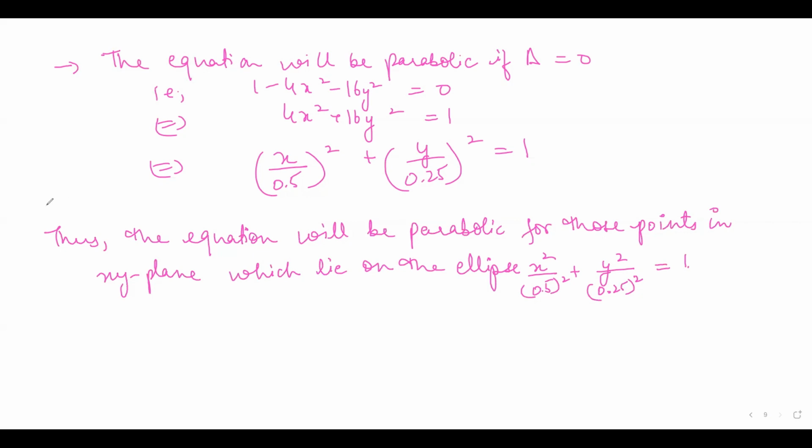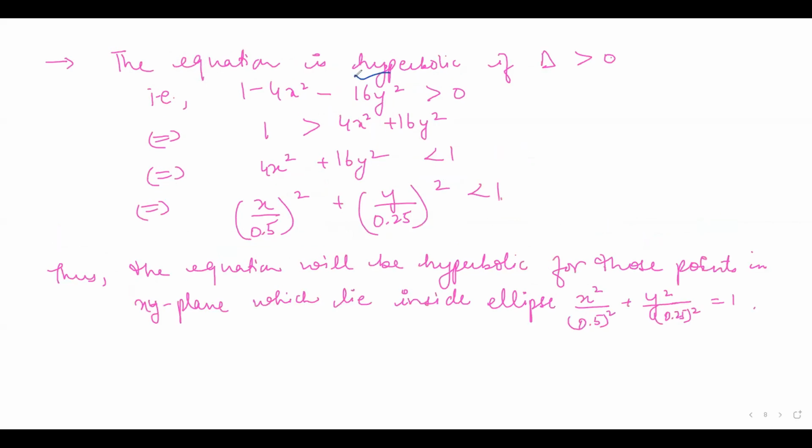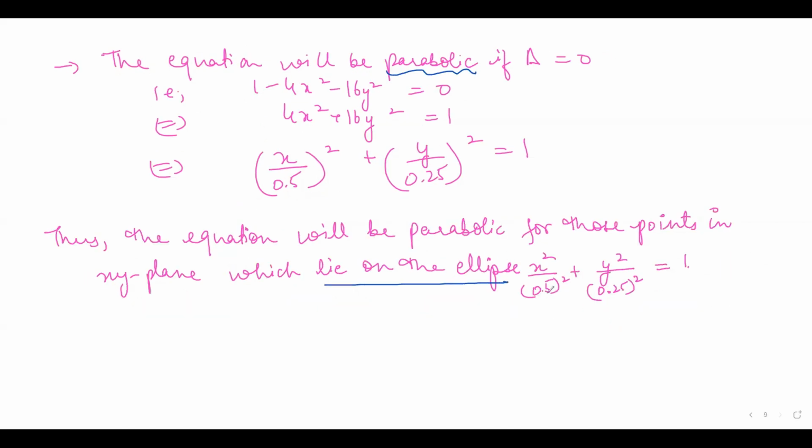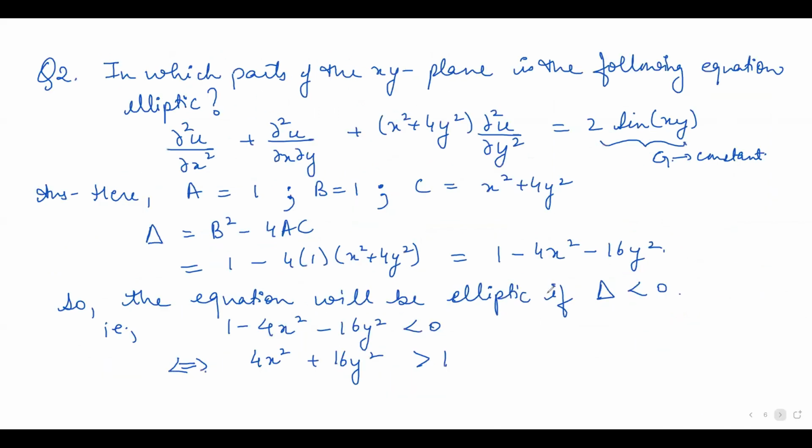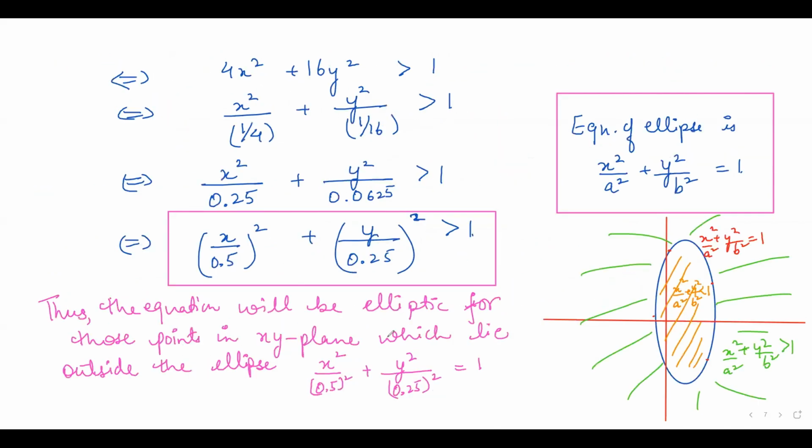When it would be hyperbolic, it lies inside the ellipse. Parabolic, when it lies on the ellipse. And the previous one, it would be elliptic when it lies outside the ellipse. So I hope this would be clear enough to you. Such kinds of questions are important for the classification of the PDE.